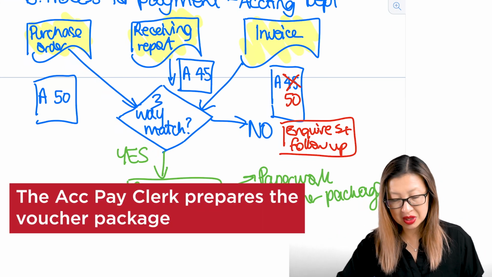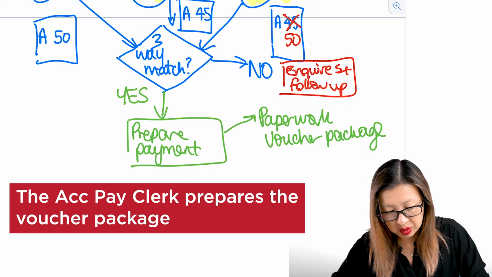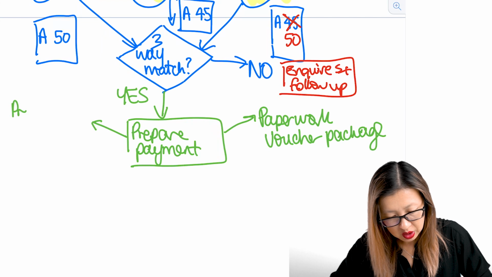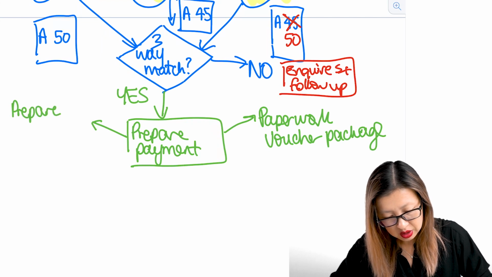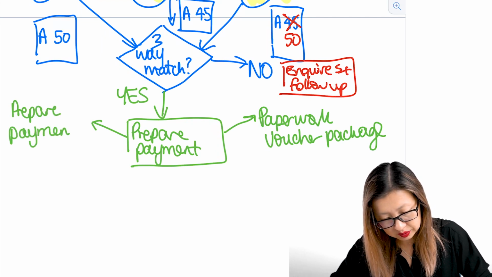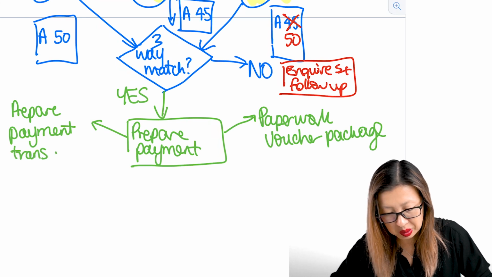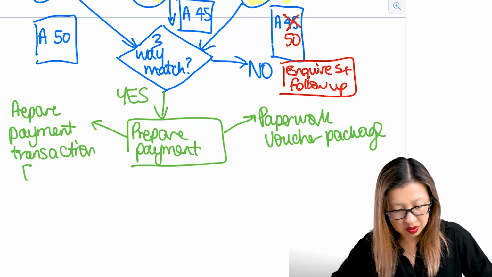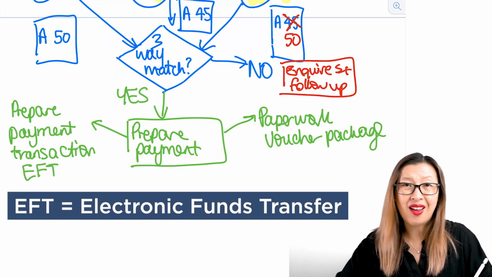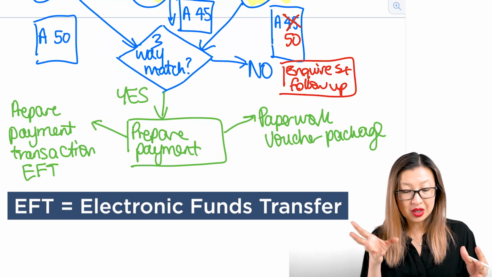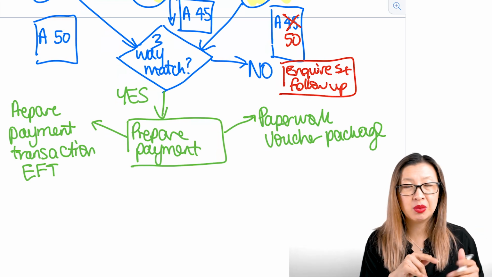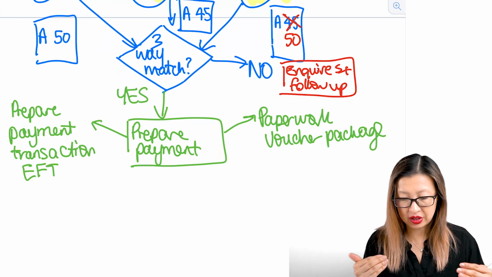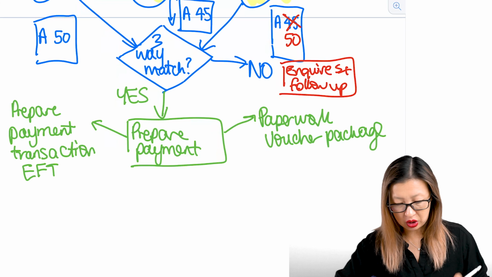All right. So it's going to be some paperwork, and typically at the same time as preparing the paperwork, you'll prepare the payment transaction. Now, I'm going to assume that we are not using physical checks anymore, that the payment transaction is going to be EFT, electronic funds transfer. So typically someone will go in, they can set up all the payments, select the right supplier, prepare everything there, and have all of that ready to go.